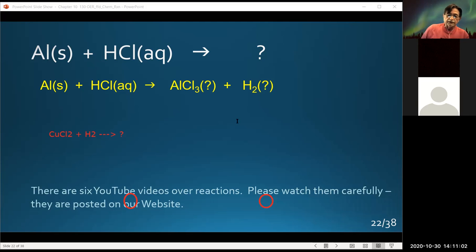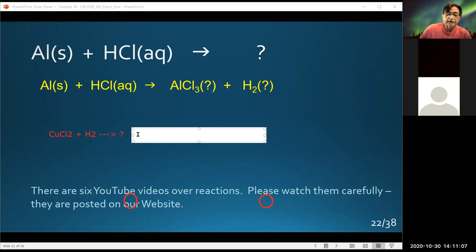So guess what happens? We create hydrochloric acid plus copper goes back to copper metal. Okay. And of course, we have to balance it. So that would be probably two of that. I think that balances out.